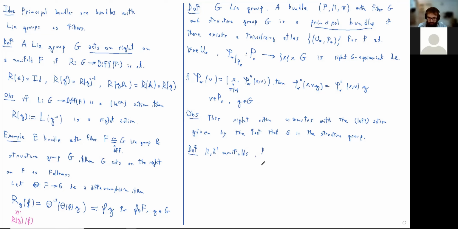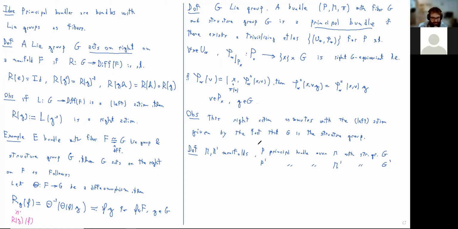So we take P and P prime principal bundles over M with structure group G. And here I don't have to specify what's the fiber, because by the definition of principal bundle, the fiber and the structure group are the same. So when we talk about principal bundles, we only specify the structure group or the fiber, and it's the same thing. And here we take a different manifold and a different structure group.